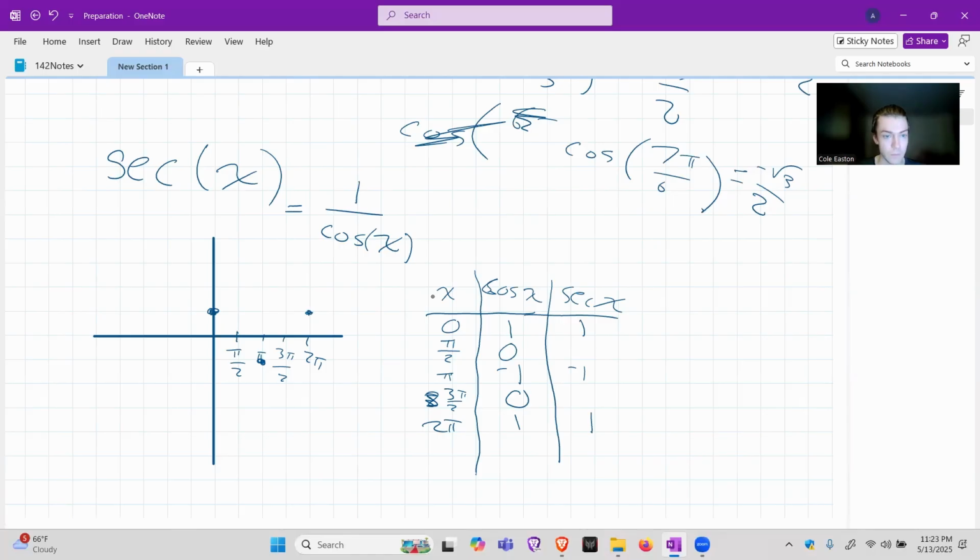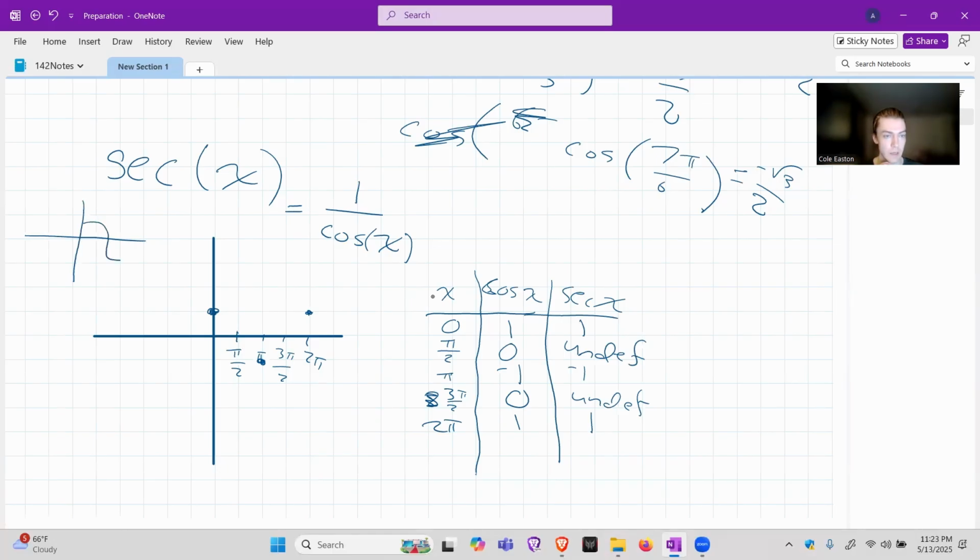So the issue is that as we approach pi over 2, we sort of have this issue of this is undefined, and this is also undefined. But if we think about what happens with cosine, let's really quickly just draw cosine here.